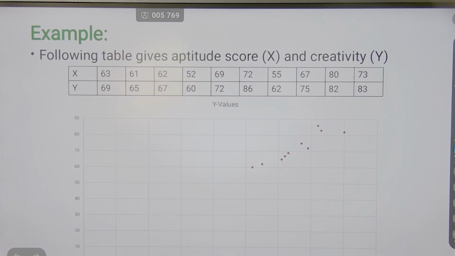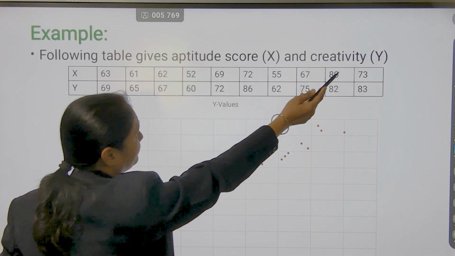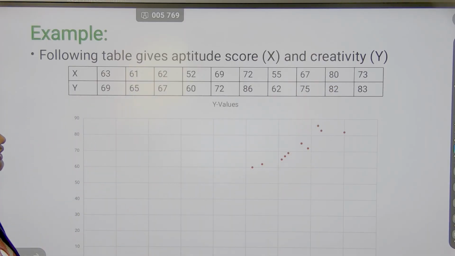For example, the following table gives the aptitude score and the creativity score. Aptitude scores are taken on the x-axis and creativity scores are taken on the y-axis.